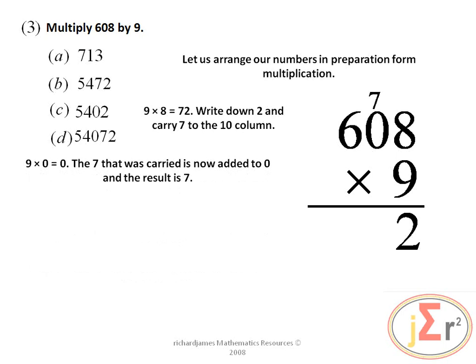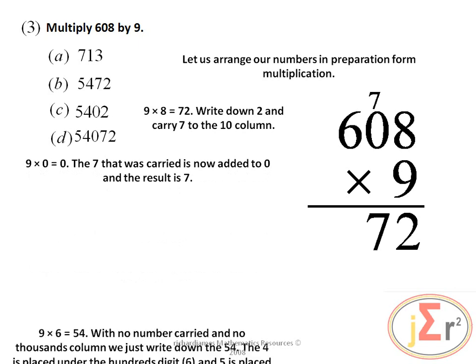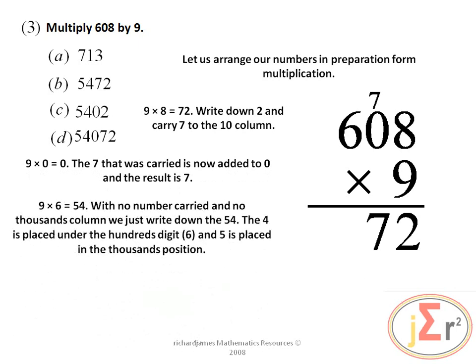Nine multiplied by 0 is equal to 0. The 7 that was carried is now added, and the result is 7. Next, we say 9 multiplied by 6 is 54.